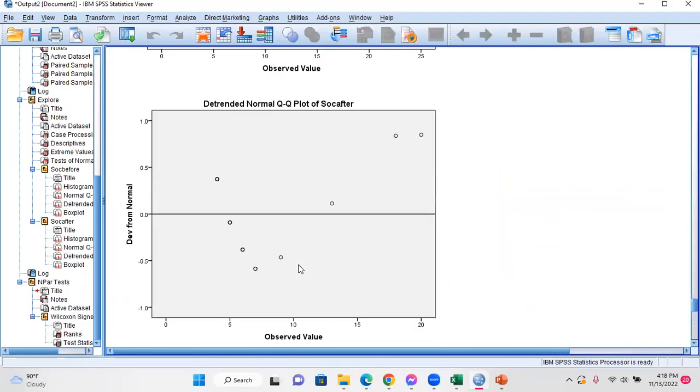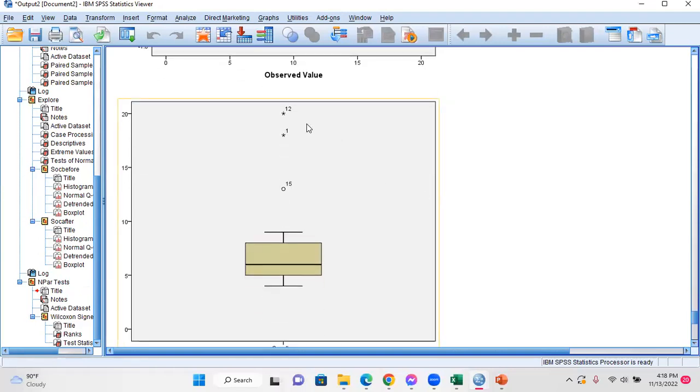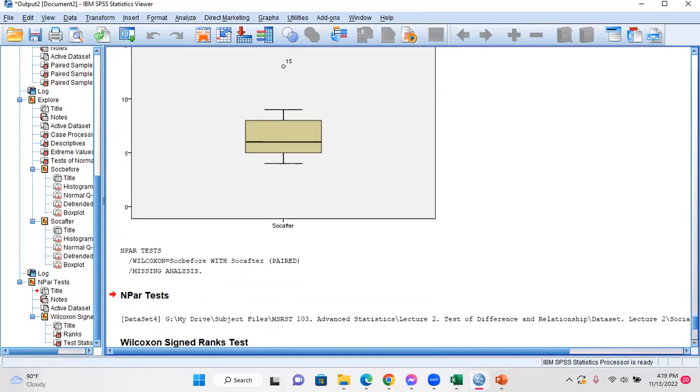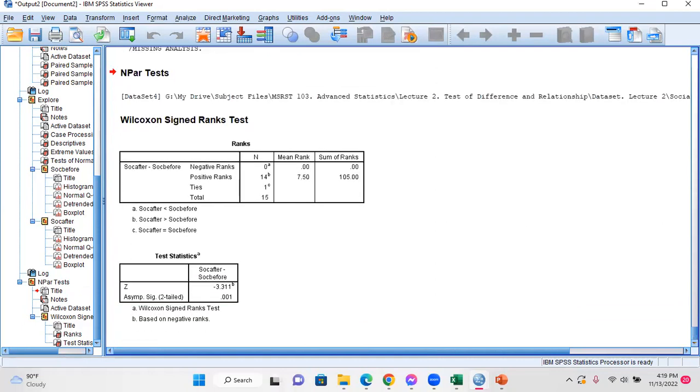Then click OK. Ayan, ang dami niyang outliers. Pag may asterisk na, ibig sabihin, napaka-extreme na yan. So, tingnan natin kung may significant difference.